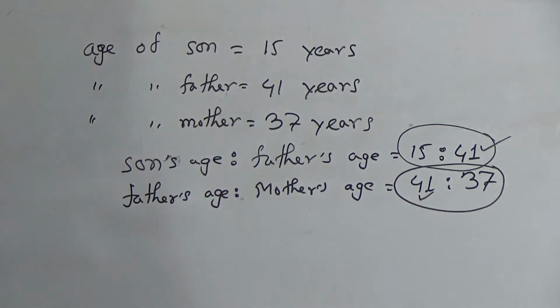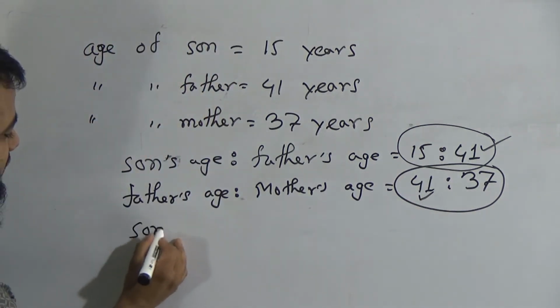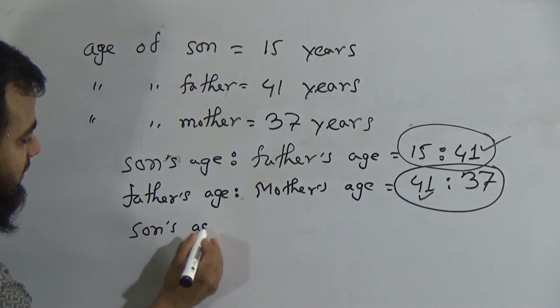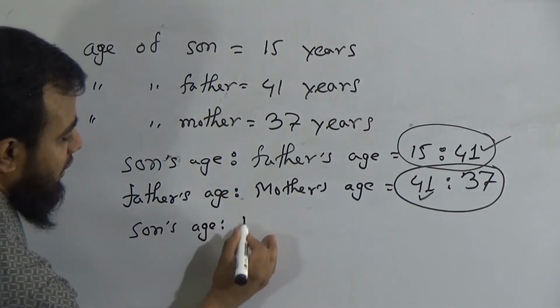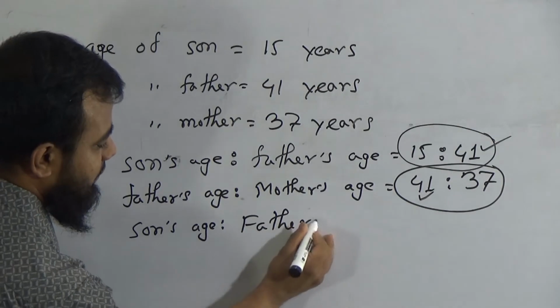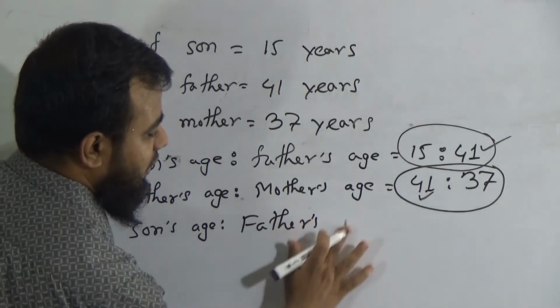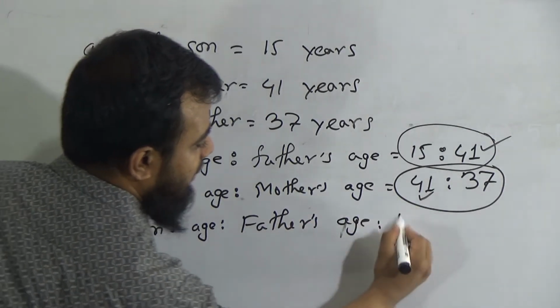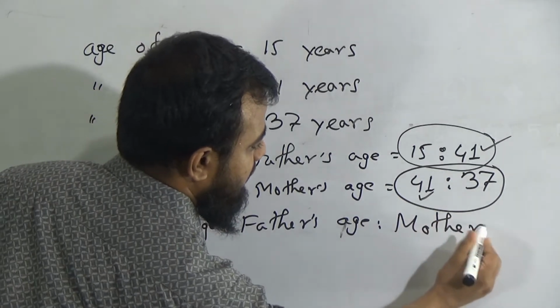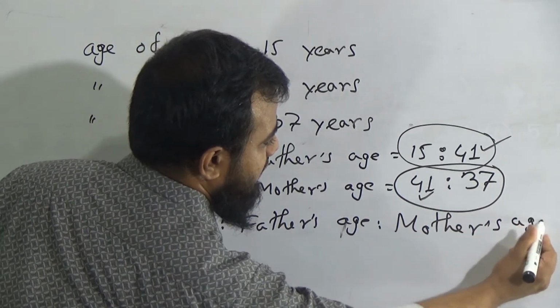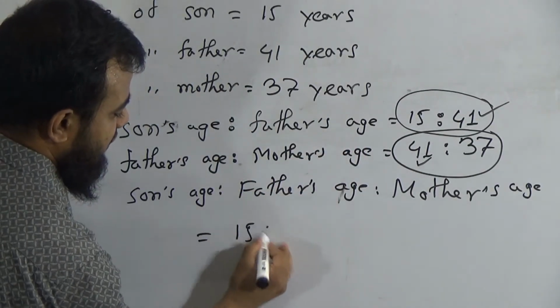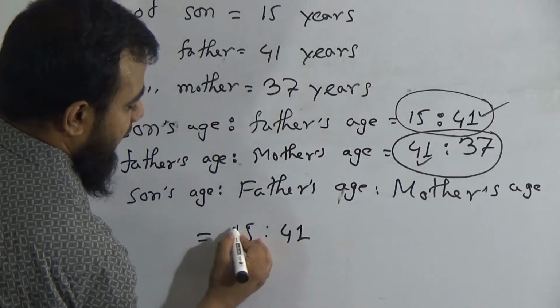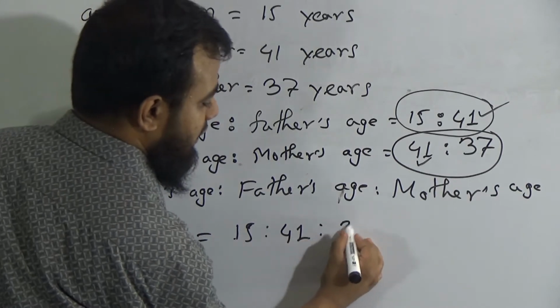So we can write son's age is to father's age is to mother's age. That equals son's age 15, father's age 41, and mother's age 37.